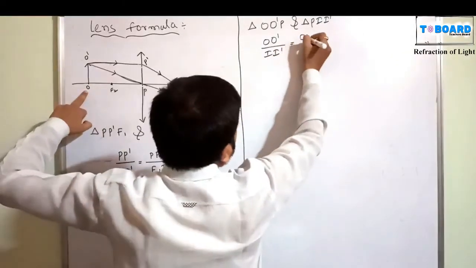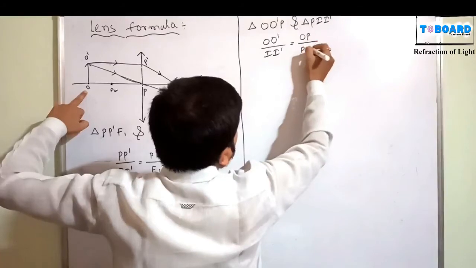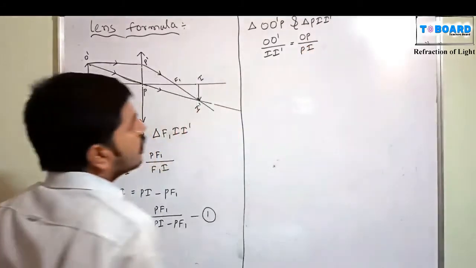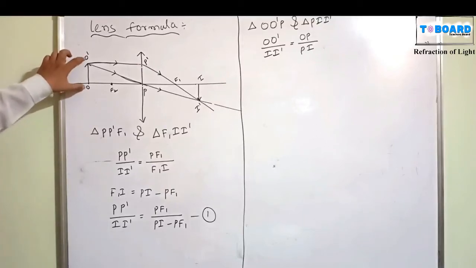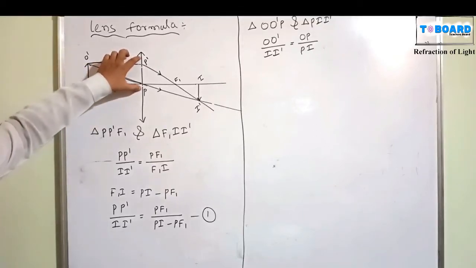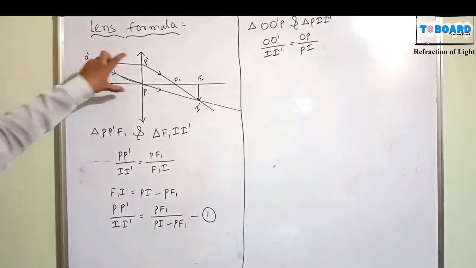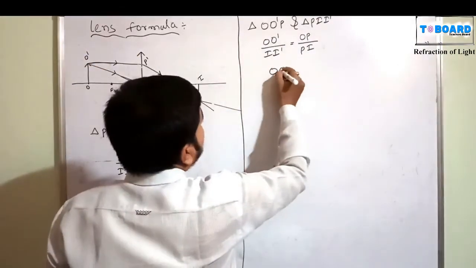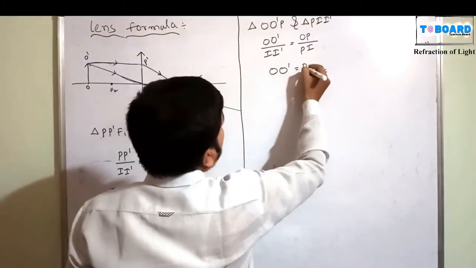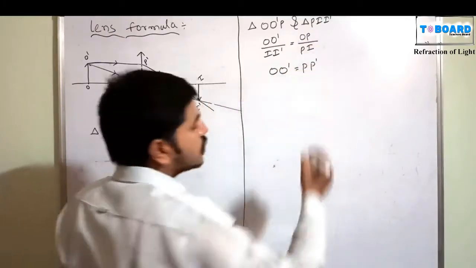Now there is a small change here. The O dash is equal to PP dash, correct? The height of O dash is equal to PP dash. That's why I'm going to write PP dash instead of O dash.